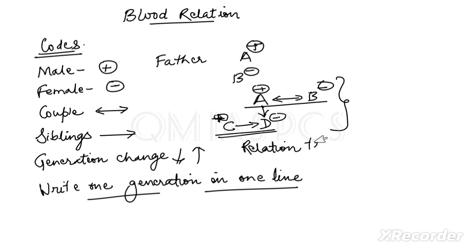Okay, and when you understand how to represent the relation tree, then you can solve any type of question. Okay, so I think this is the only theory part which you have to understand. And maybe when you start solving the questions, initially you will not get how to initiate this thing, but if you try one or two times, it will be easier for you.